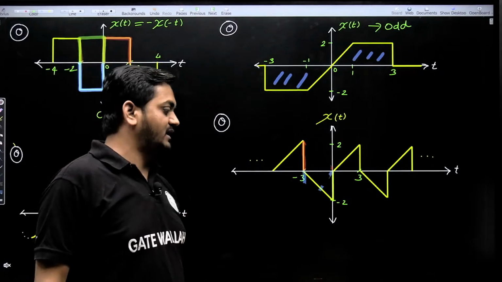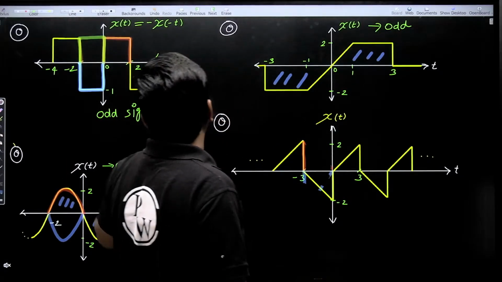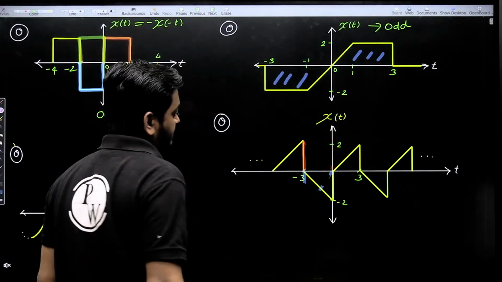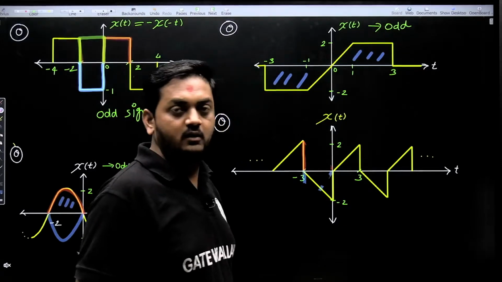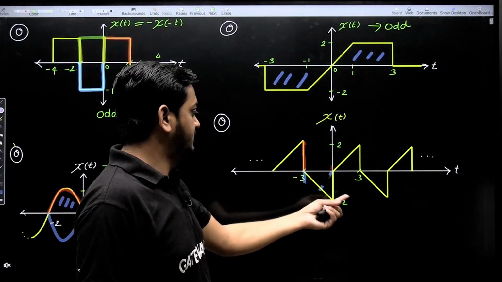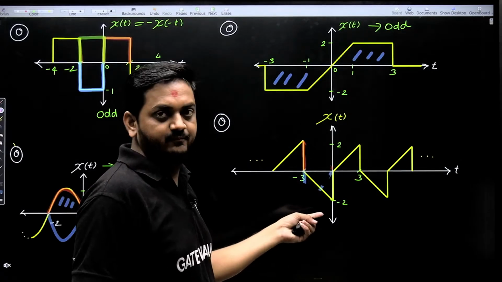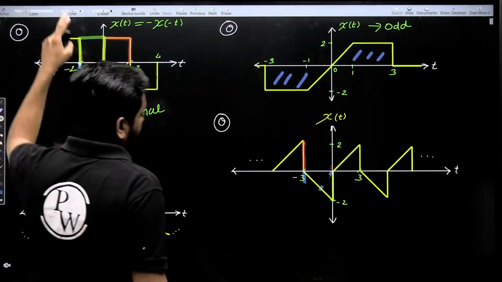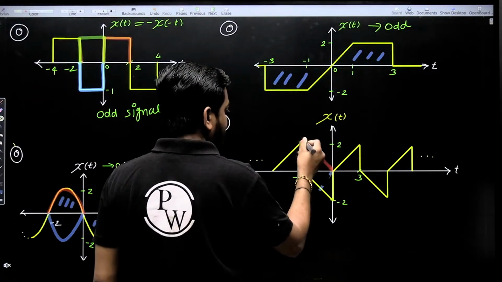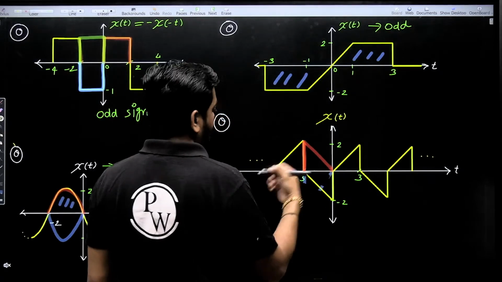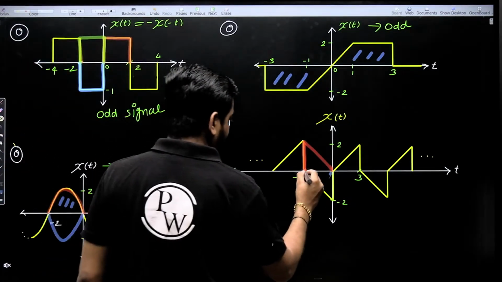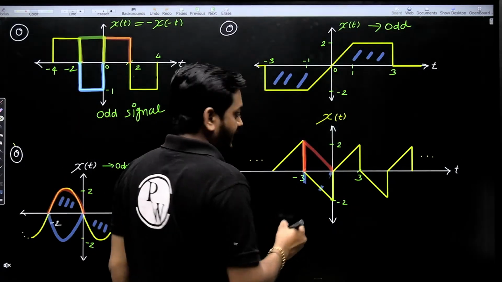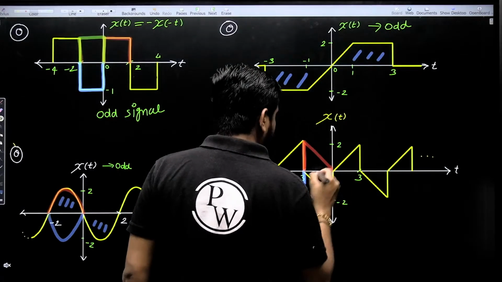Now tell me, last one is, what about this one? Odd, even or nano? You cannot say this, see first quadrant, third quadrant, but not looking same. First folding with respect to y axis, so it will be like this, correct? X of minus t. Then folding with respect to x axis, so it will be like this, amplitude reversal.